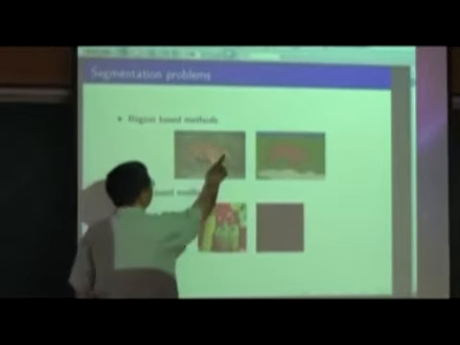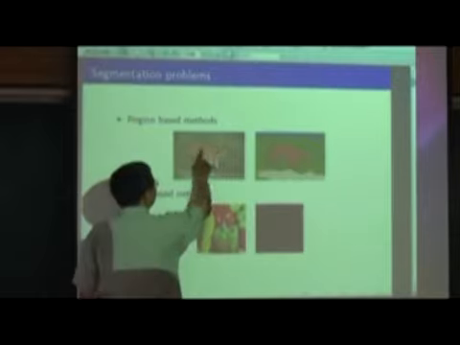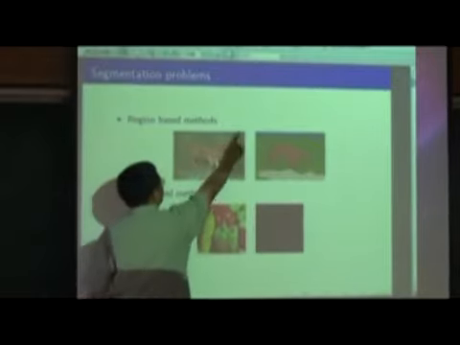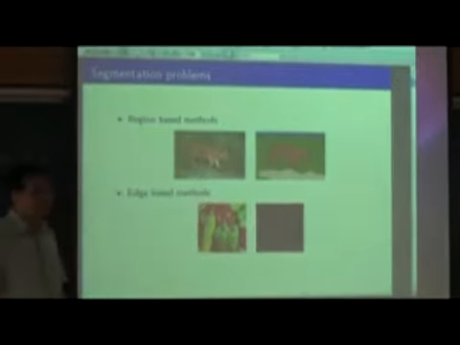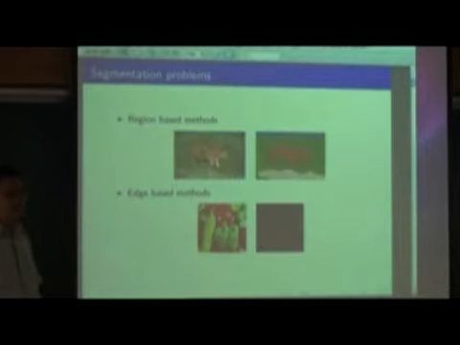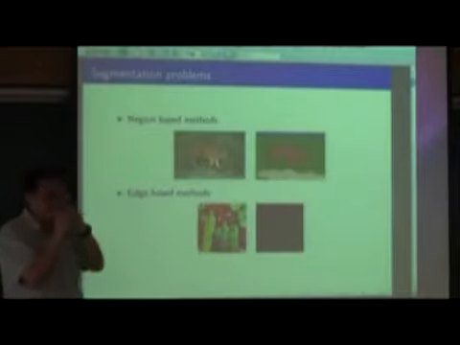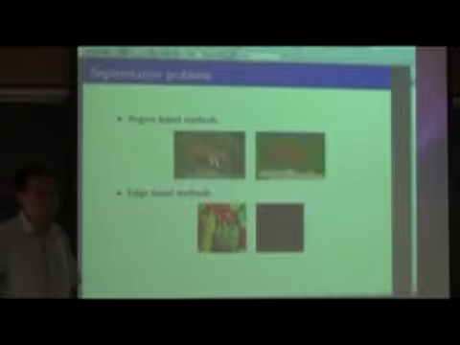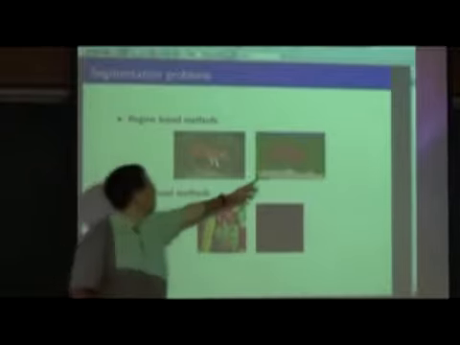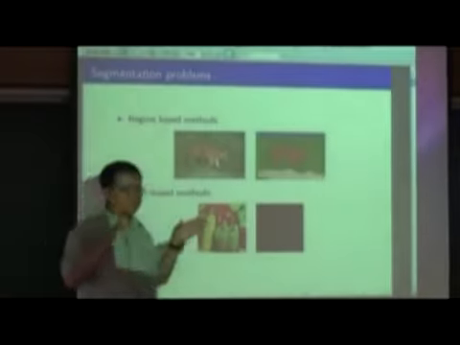Because every point here is more similar to each other than to the other regions. So I segment into this region because all the points in this region are more similar to each other than to other classes. So I segment into 1, 2, 3 classes.